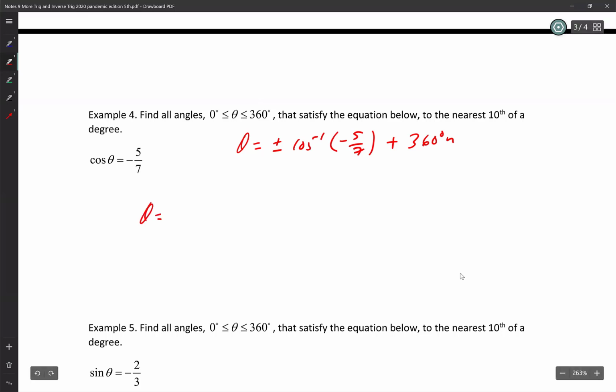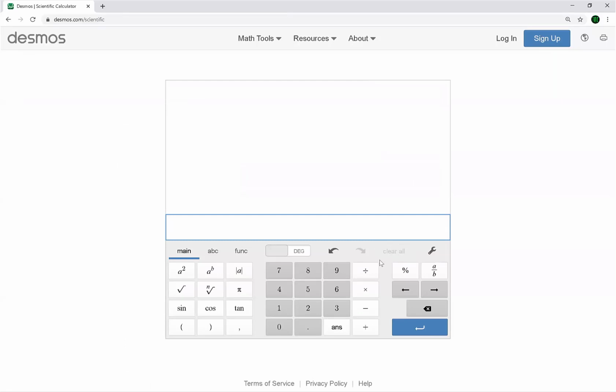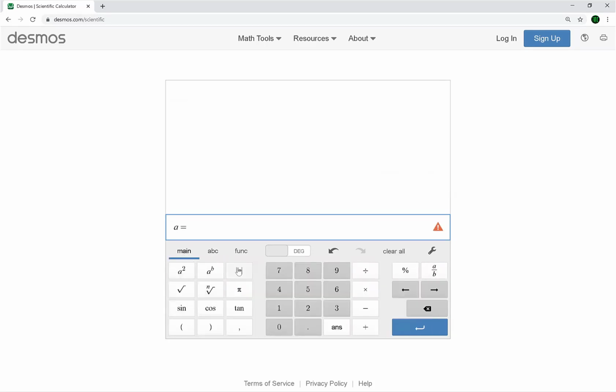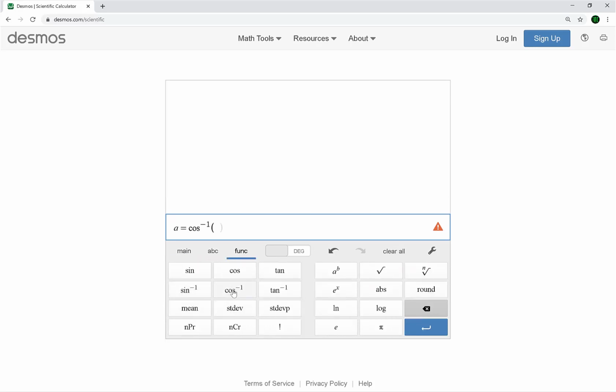So here we go. Theta equals, I'm going to do the positive one first. I'm going to go to my Desmos. And I already forgot what I had in there. I'm going to call it A. A equals arccosine. I know that much. And what did I have on the inside, Miss Harris?